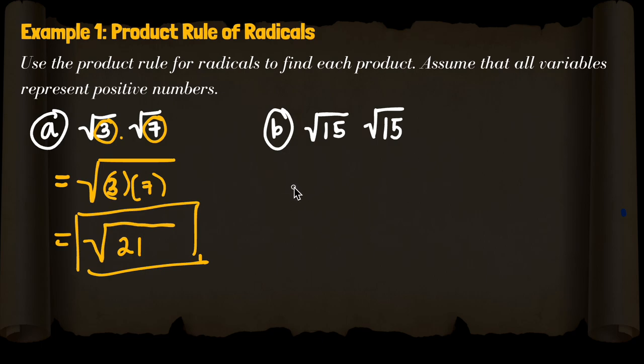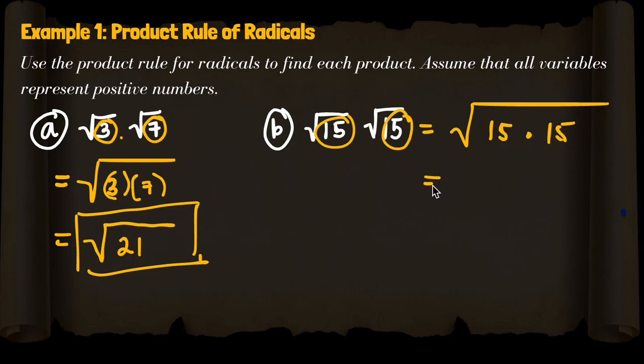Okay? So now, another example would be the square root of 15 times the square root of 15. So what we can do here is, once again, apply the rule. Kaya gagawa ako ng malaking square root dyan, and then yung number na 15 dito, ilalagay ko sa loob, imumultiply ko sa same number na 15, nagkataon lang yan.